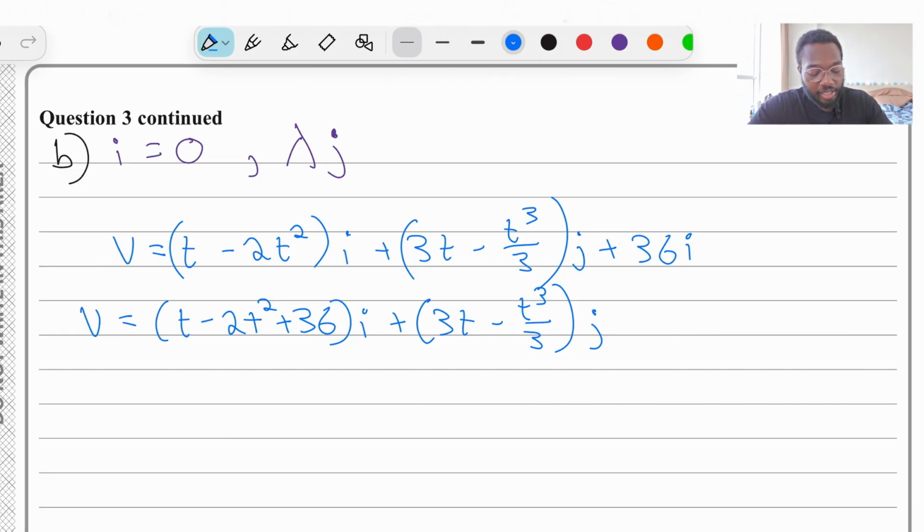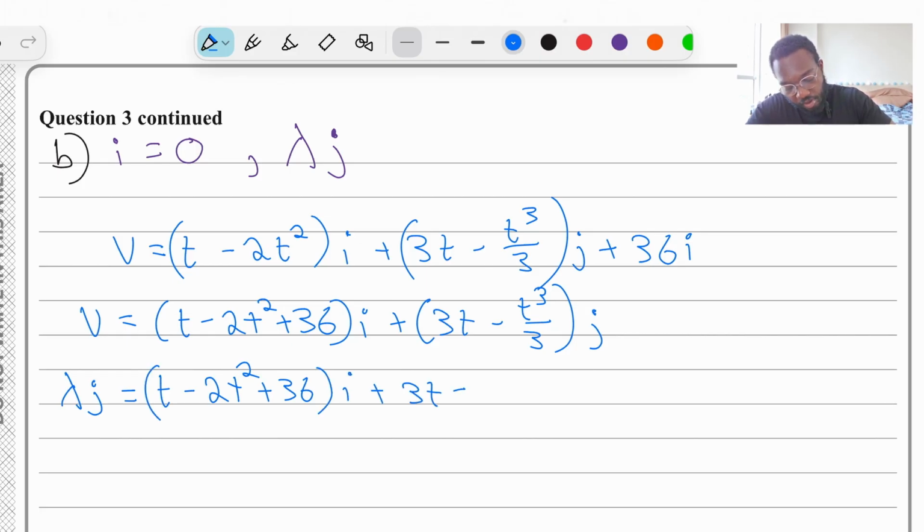Because it's perpendicular to i, it must be moving in the direction lambda j. Therefore lambda j must equal t minus 2t squared plus 36 i, plus 3t minus t cubed over 3 j.